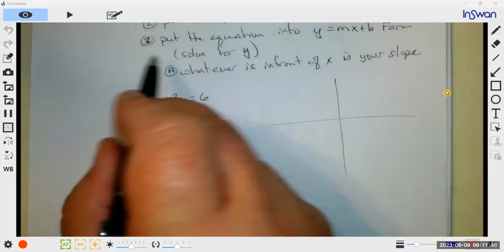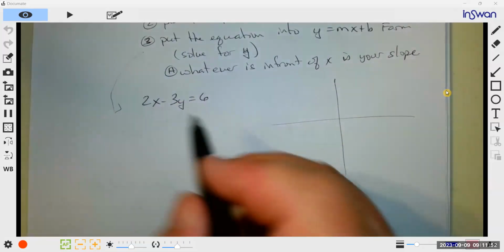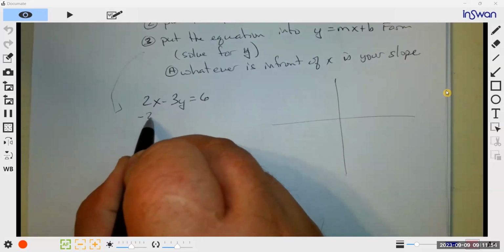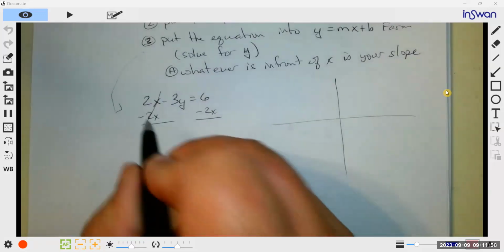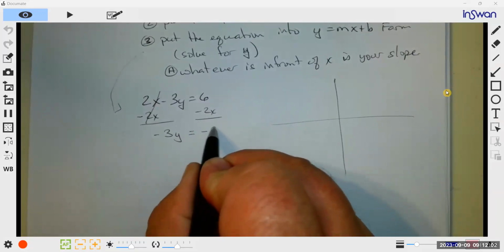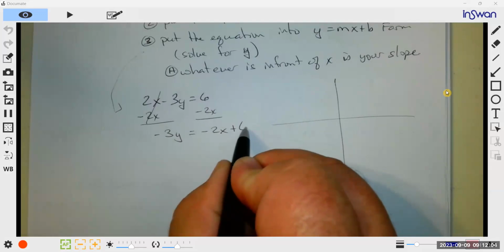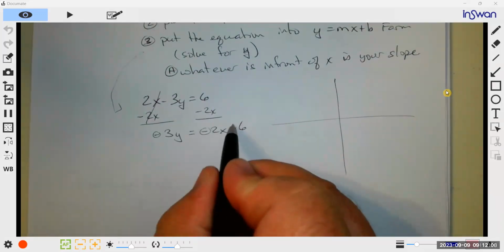Let's go ahead and first solve for y. Get rid of the 2x from both sides. Negative 3y equals negative 2x and a positive 6. Change the signs.